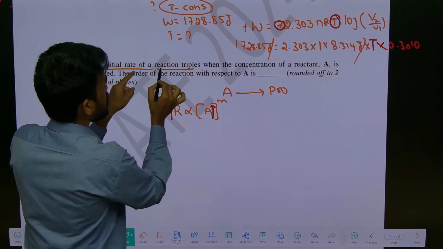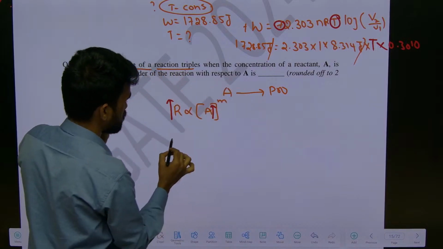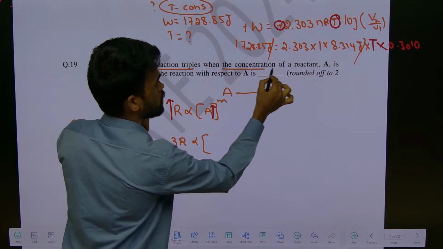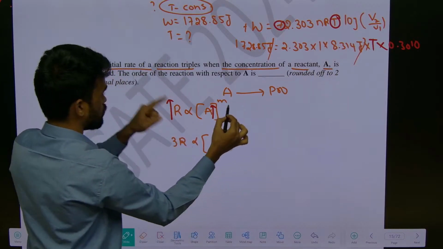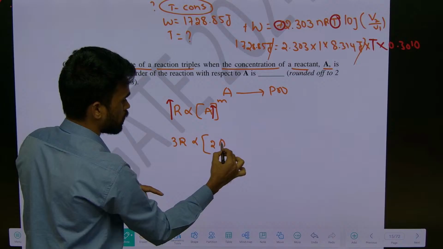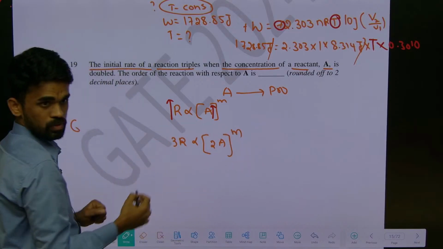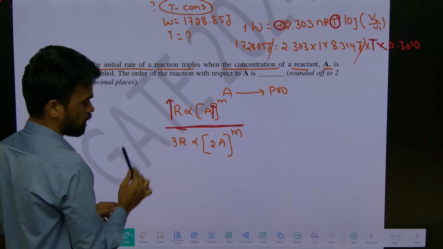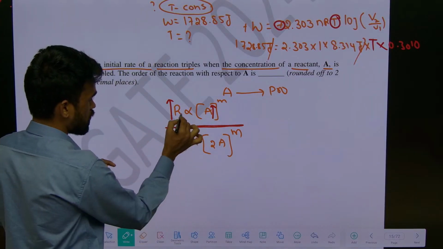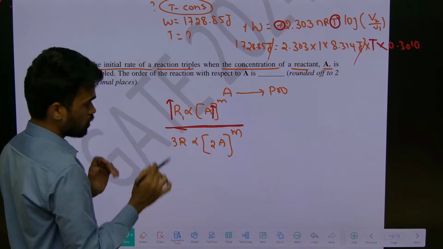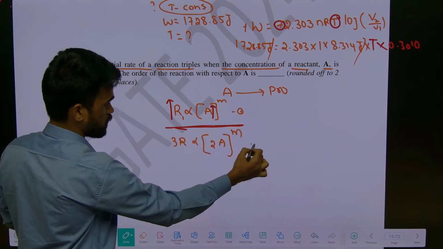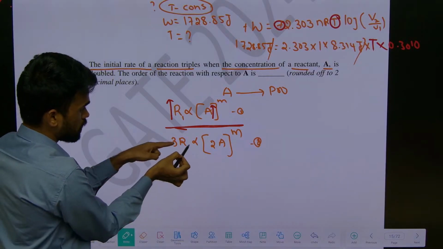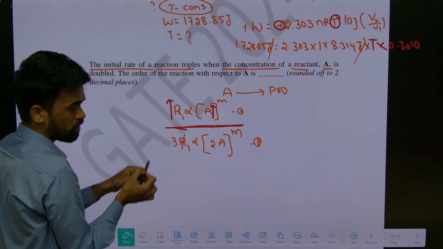The initial rate triples, it means it becomes 3R, when the concentration of reactant A is doubled. It means it is becoming (2A) to the power m. Do you get what I am saying? You just take the ratio of these two. This is R1, this is A. This is equation 1, this is equation 2, dividing 2 by 1. It is becoming 3R1, so R1 cancelled.